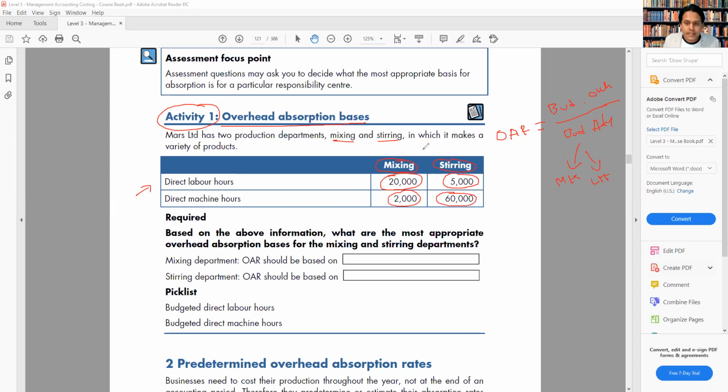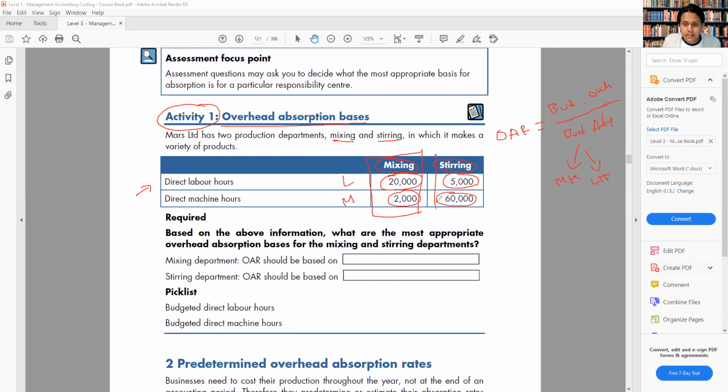Now, if I ask you, does the mixing department depend on labor or machine? What will be your answer? I'm sure all of you can tell me. I can see they need 20,000 labor hours and only 2,000 machine hours. So I can easily say the mixing department depends on labor hour. And you are right.